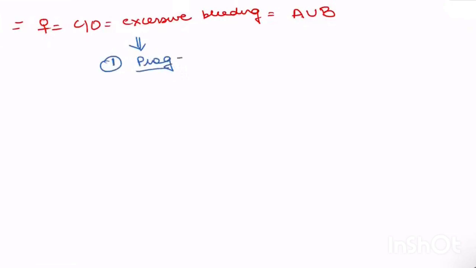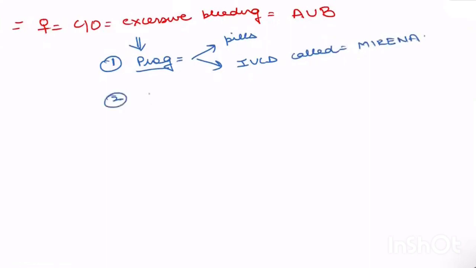This progesterone, you can give in the form of pills. You can give it in the form of an IUCD, the progesterone IUCD, called Mirena. Number 2, you can give estrogen plus progesterone, that is the oral combined pill.